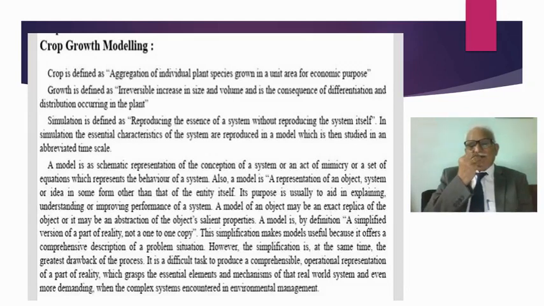So, why did he raise the crop? By definition, I am not saying this is the ultimate definition. Of course, this is a definition which has really touched the bottom of my heart. That's why: aggregation of individual plant species, wonderful definition, species, okay? Aggregation of individual plant species grown in a unit area for economic purpose.